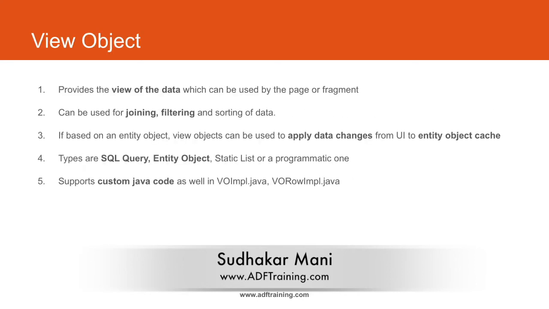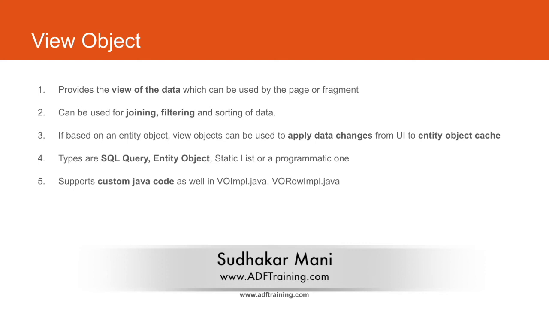The view object provides the view of the data which can be used by the page or fragment. And as I said before, it can be used for joining, filtering and sorting of data. If the view object is based on an entity object, the data changes you apply through the view object go to the entity object cache as well.